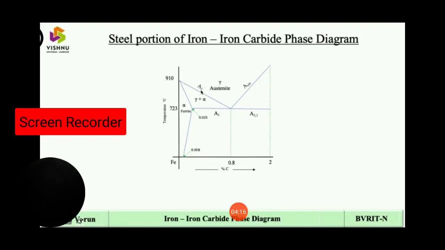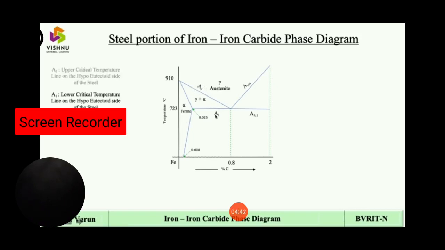Now we label them as A3, A1, ACM and A3,1. They are also called upper critical temperature lines and lower critical temperature lines, but they are on either side of the eutectoid temperature line. So in general, A3 is called the upper critical temperature line on the hypoeutectoid side of the steel, and A1 is the lower critical temperature line on the hypoeutectoid side of the steel.